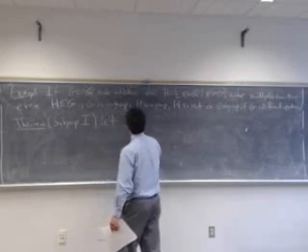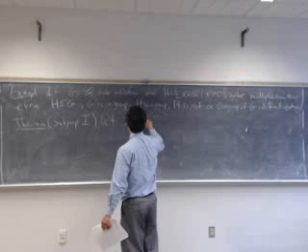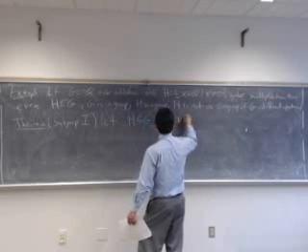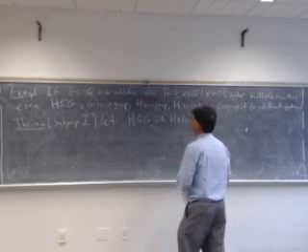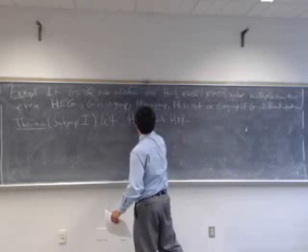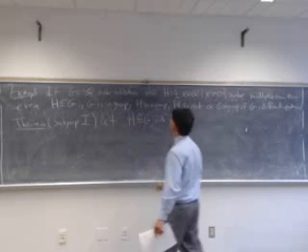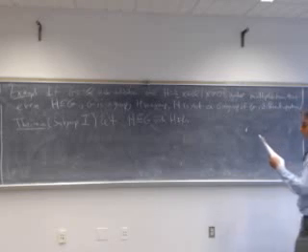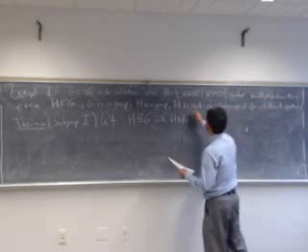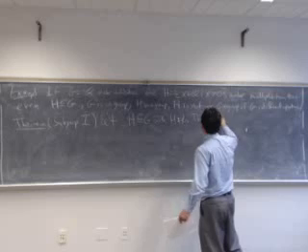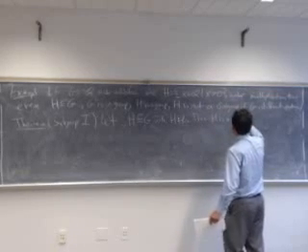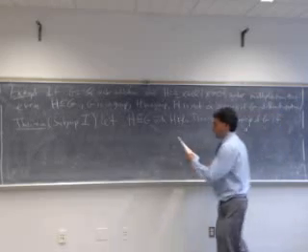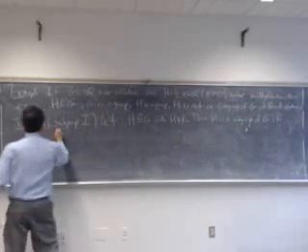So let H be a non-empty subset of G. So let me be clear, this is not a greater than or equal to, it's a subset sign. So it's a non-empty subset of G. Then H is a subgroup of G if both the following 2 things happen.